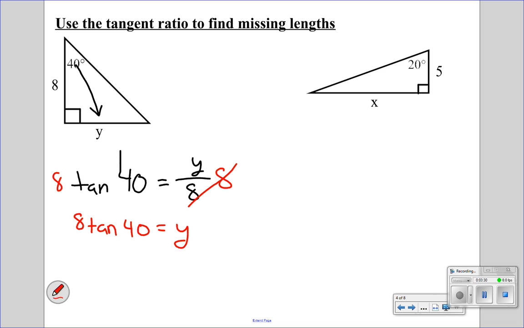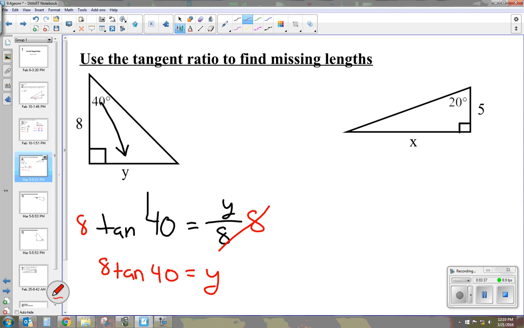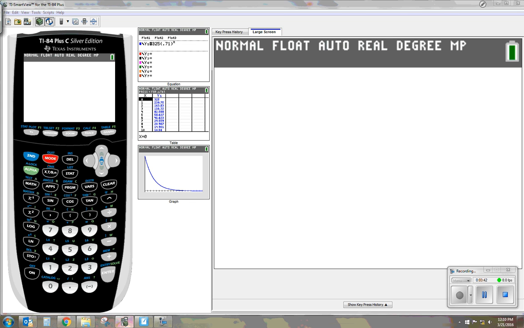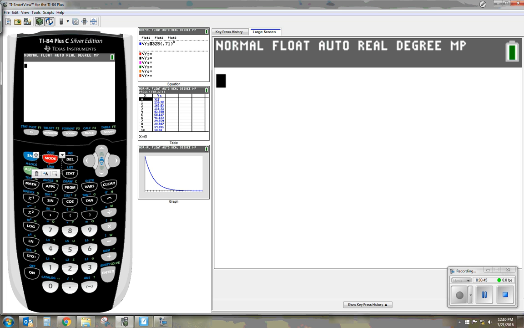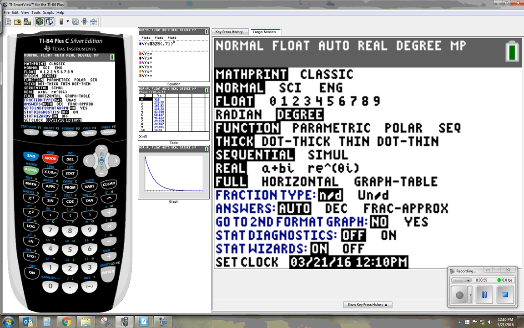This is something that we can just put in our calculators. Make sure your calculator is in degree mode. So if we press the mode button, and then we go down to where it says radian or degree, make sure degree is selected, press enter, and then we can clear to go back to our home screen.